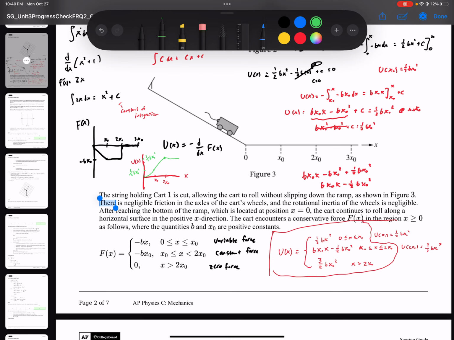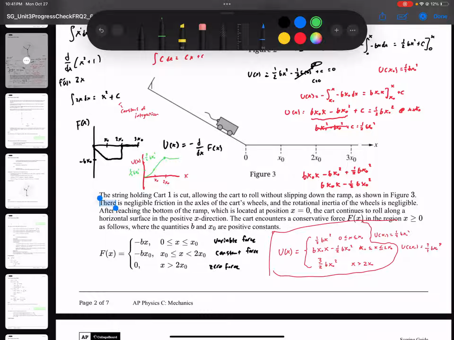And then from the region x equals x naught to 2x naught, you evaluate the integral and it's going to tell you that the energy stored in that region is bx naught squared. That makes sense, because if I start at 1/2 bx naught squared and I end up at 3/2 bx naught squared, you can see it in the function, right?